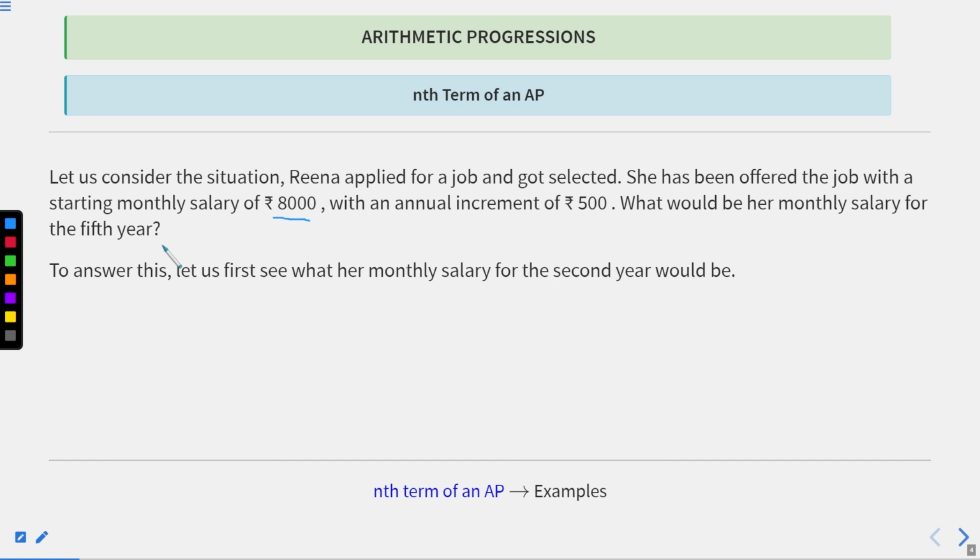So what would be her monthly salary for the fifth year? To answer this, let us first see her monthly salary for the second year.